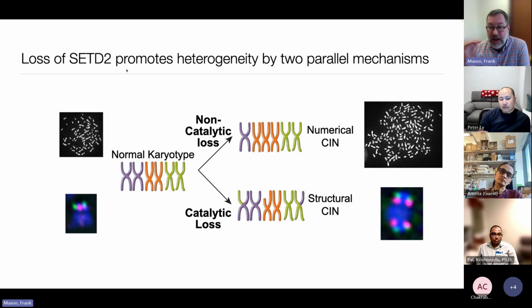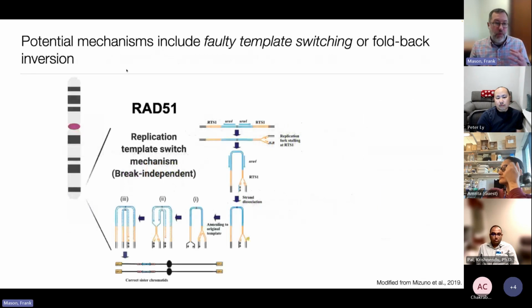One is through its non-catalytic activity suppressing numerical chromosome instability, and somehow through its catalytic activity it is preventing the structural chromosome instability leading to these isochromosomes. And so we've been trying to understand what cellular mechanisms might be important for generating these isochromosomes, because the mechanisms for generating isochromosomes are largely unknown, especially in mammalian systems.